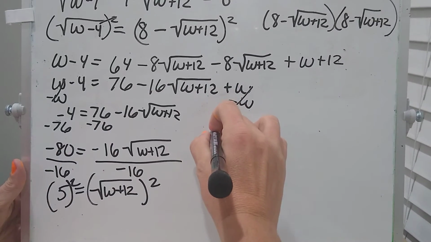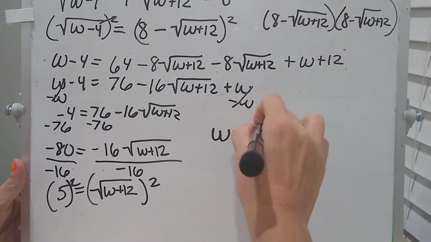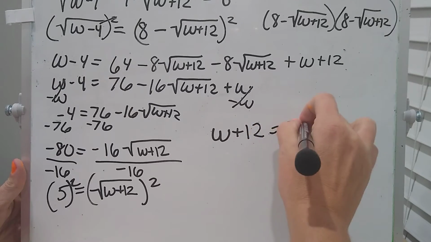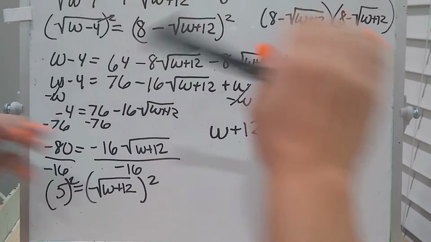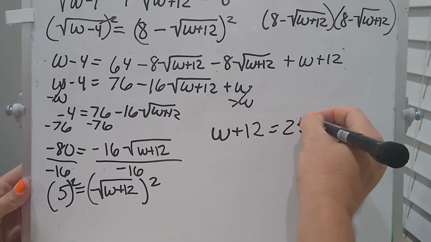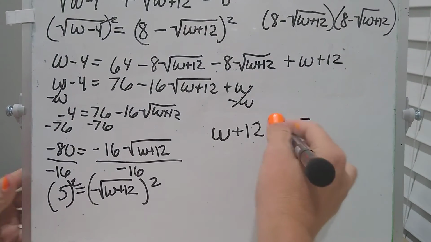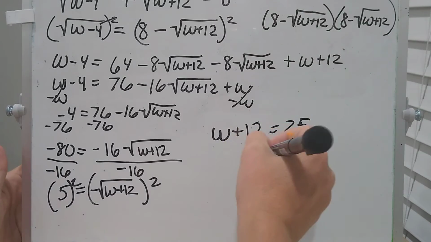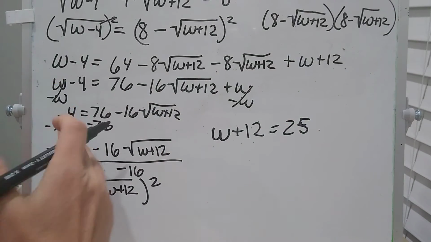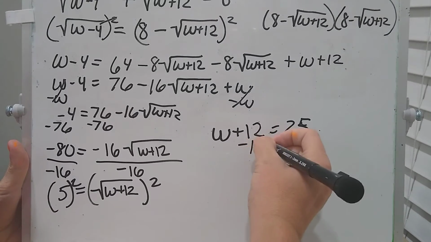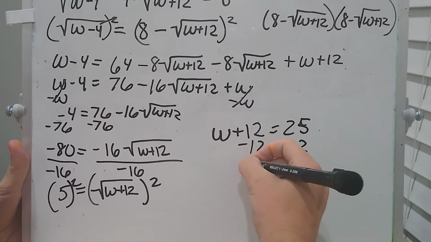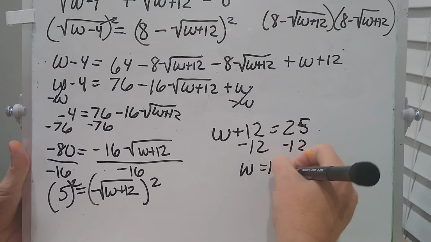So I have w plus 12 equals 25. And you see, I just switched sides. I flipped the whole equation just so I can get my variable on the left side, because that's how we typically like it in algebra. It just looks better when the variable is on the left. So now subtract 12 from both sides, and w equals 13.